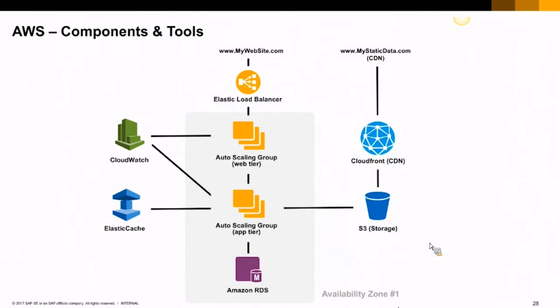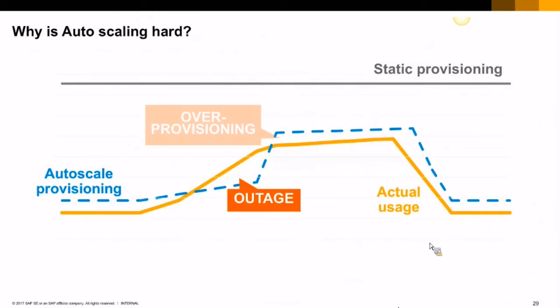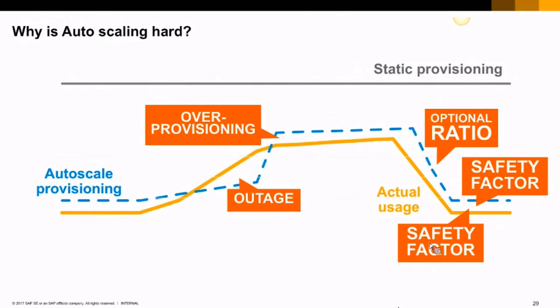It can be separated into two different scaling groups, the web tier or the application tier. CloudWatch monitors the scaling group to see the system capacity, and whenever the capacity is getting too high, it will create a new instance. And the ELB, the elastic load balancer, will help us distribute the traffic onto the new nodes.